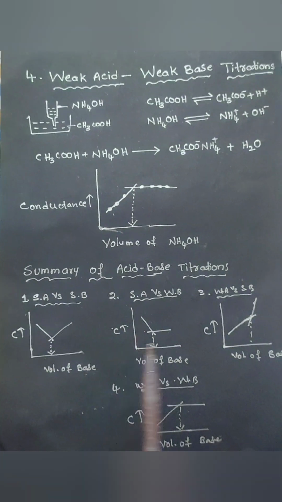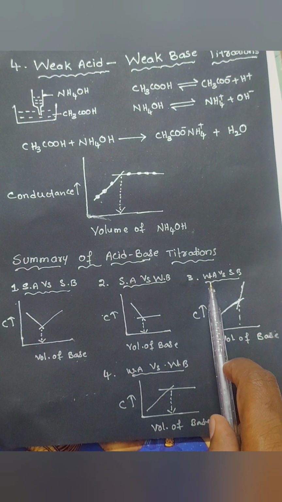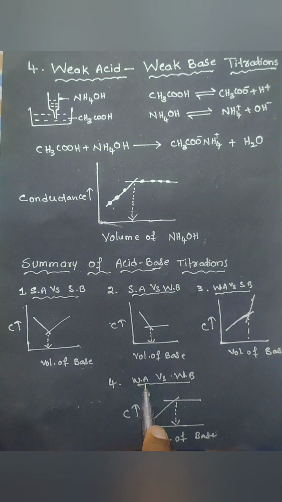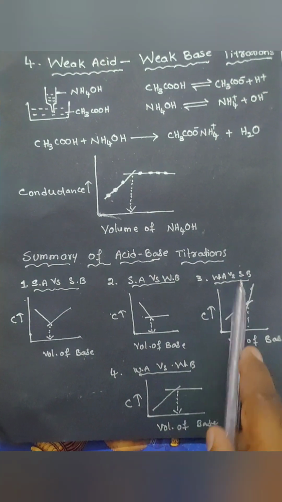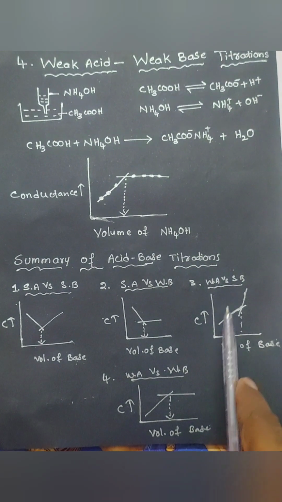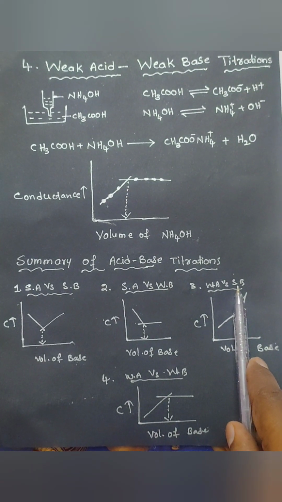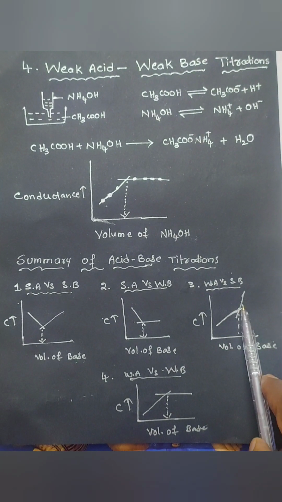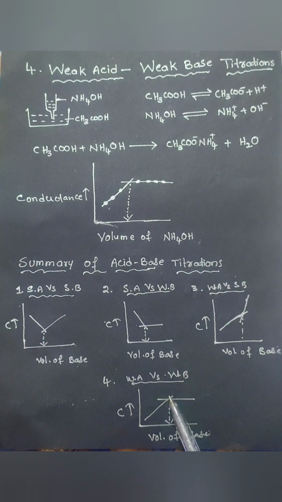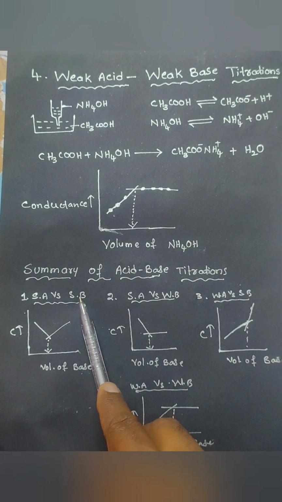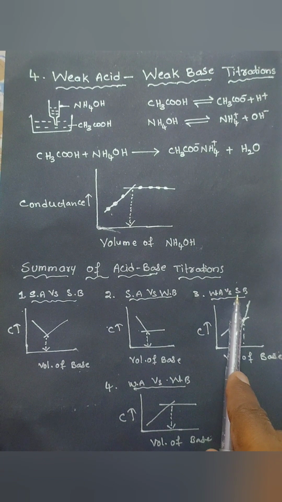And here weak acid versus strong base titration, and this is the weak acid versus weak base titration. So here weak acid, and in this case, due to the addition of the base, what happens? The salts are formed. As a result, we observe an increase in the conductance of the solution. And here strong base, and here also strong base is there.